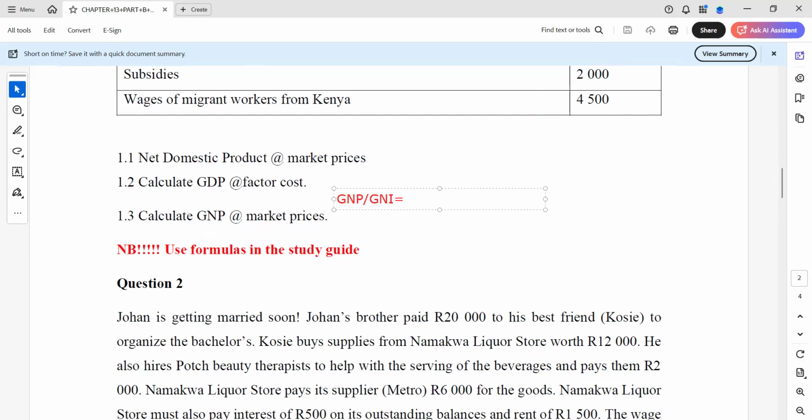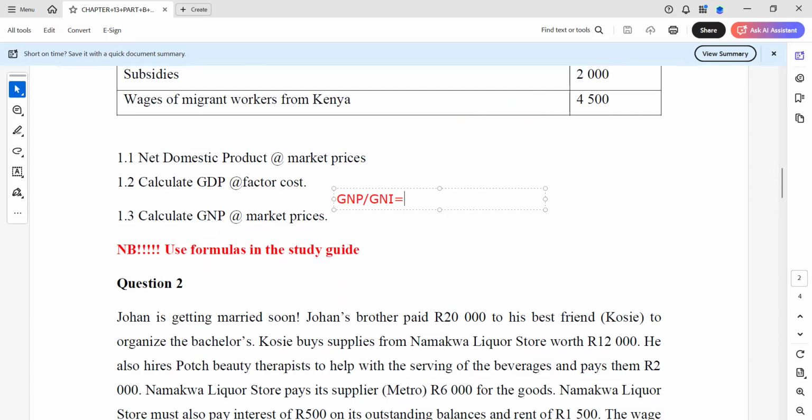This one is used to calculate the income earned by the permanent residents of South Africa, right? So we exclude all the incomes that are earned by people who are in South Africa but are not citizens of South Africa, right?